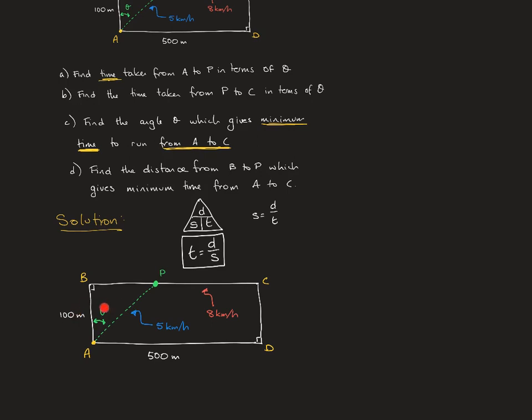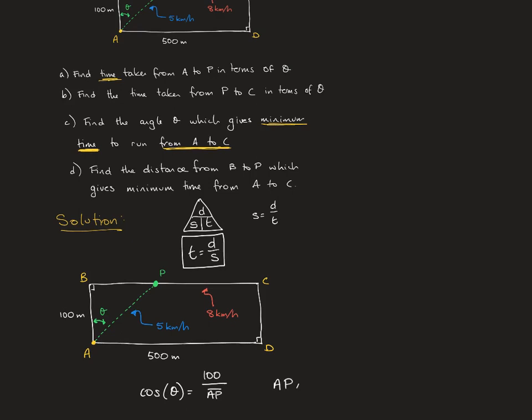with its adjacent side and its hypotenuse to say that cos of theta is adjacent 100 over the distance AP. And then we can rearrange that formula, multiply both sides by AP.